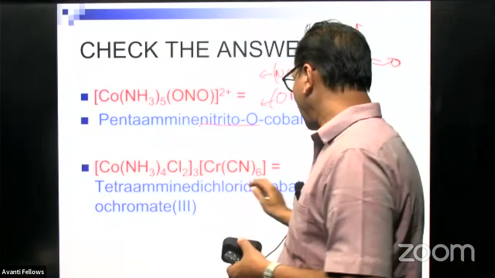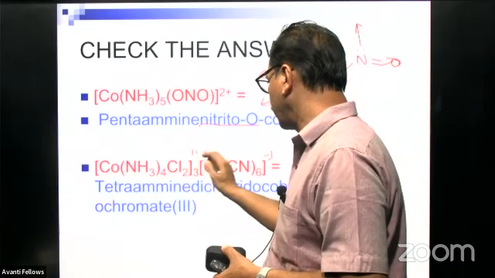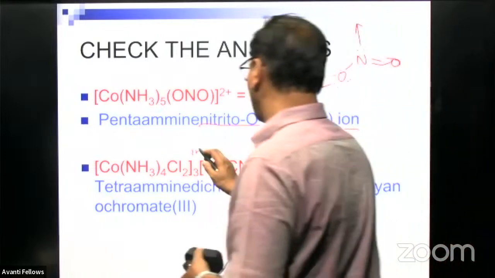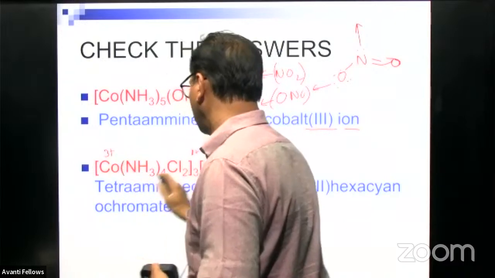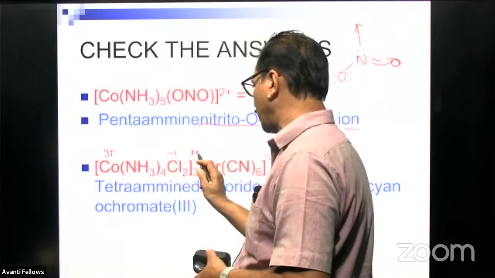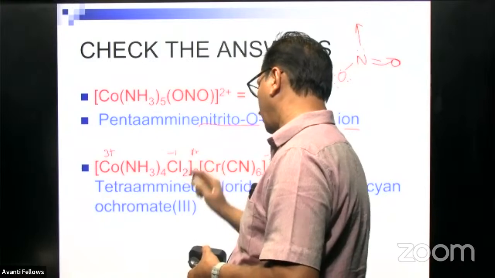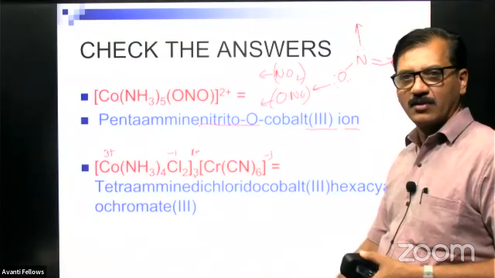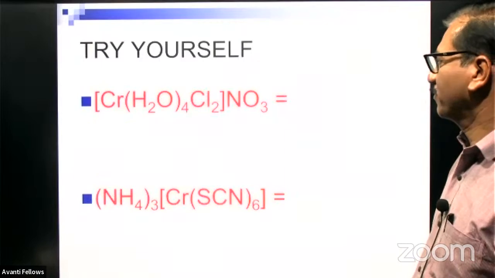Because this carries a -3 charge and this carries a +3 charge. The cobalt here is +3, and each chloride is -1, so -1 into 2. Therefore 3 - 1 into 2 is totally +1. So there are 3 plus and 3 minus. All these are the calculations to be done for naming.